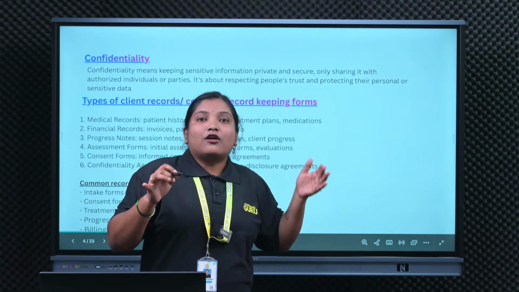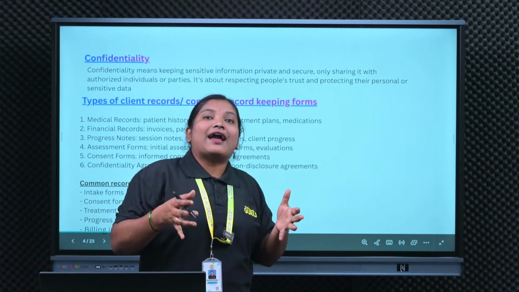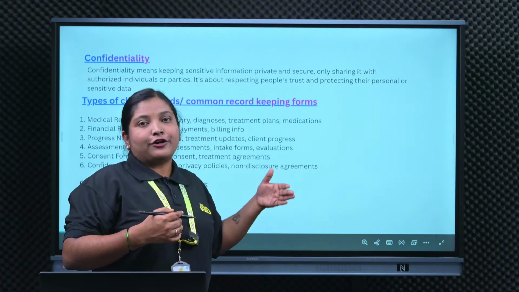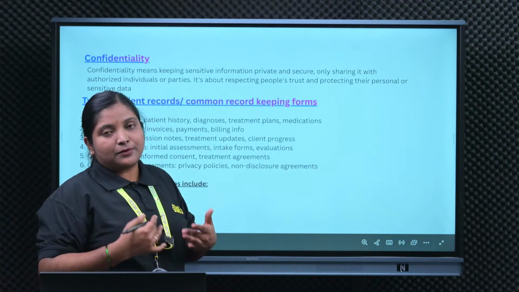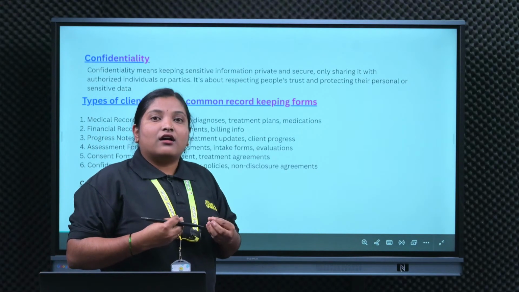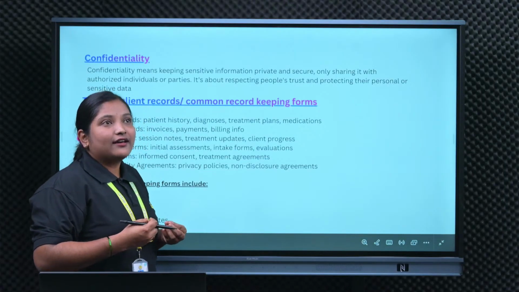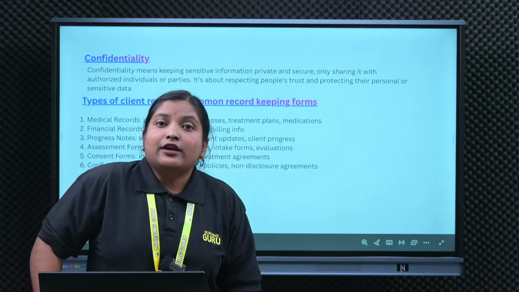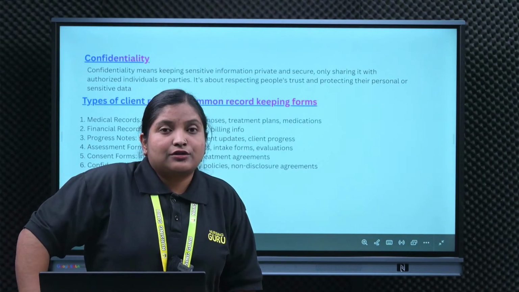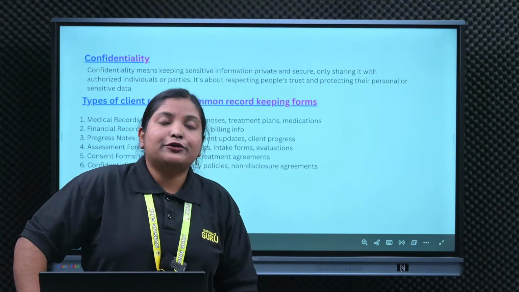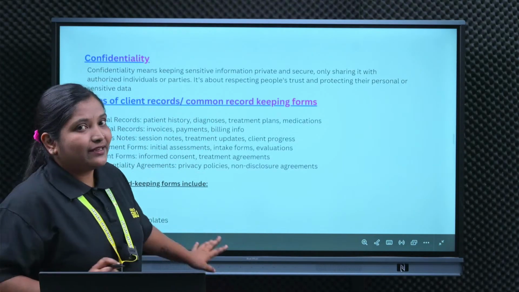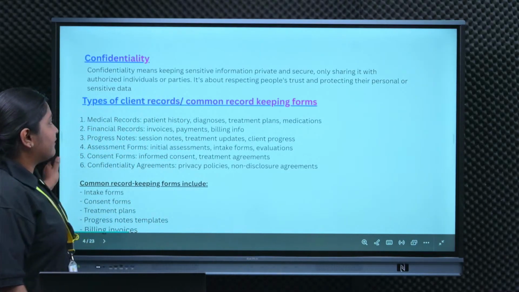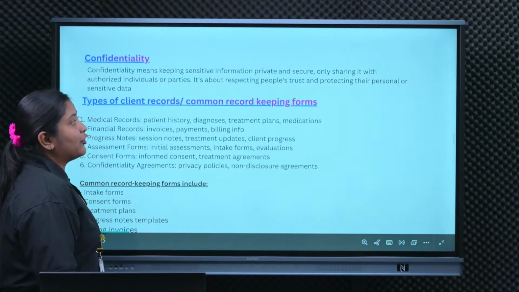So confidentiality is nothing but keeping things secret or private, for the sensitivity of the person, so that we do not disclose their personal things in front of any other person, okay. To secure their personal security and privacy, in order to maintain that, we have to maintain the confidentiality, okay.